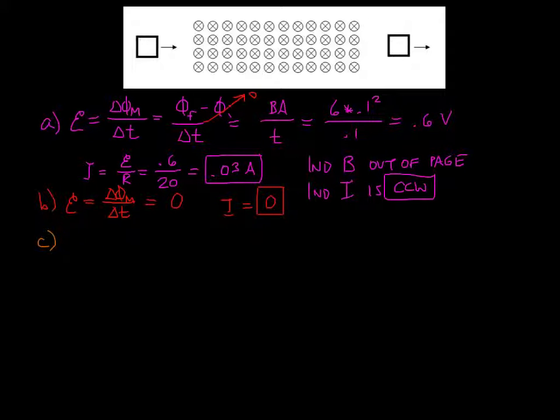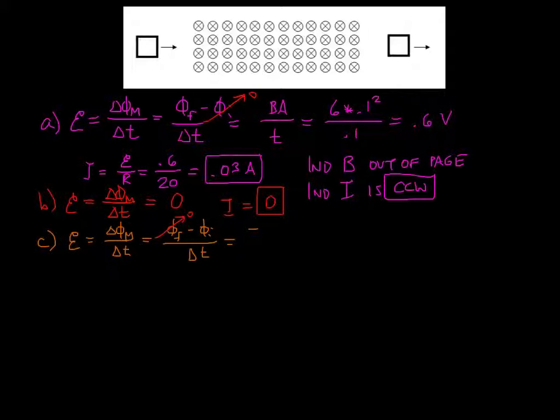In Part C, determine the magnitude and direction of the current induced in the wire loop while it is exiting the magnetic field. So this is basically the same as Part A. The EMF is the change in magnetic flux over time. So if we did the final flux minus the initial flux, this time it is the final magnetic flux that is equal to 0, as it is now out of the magnetic field.